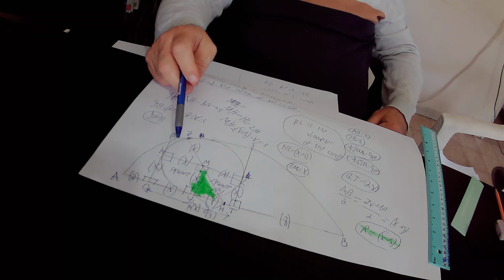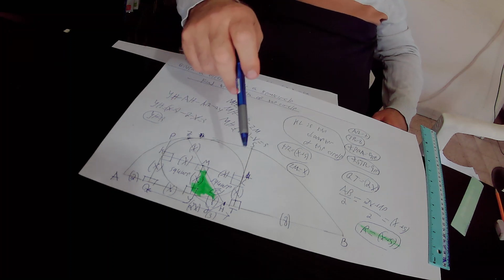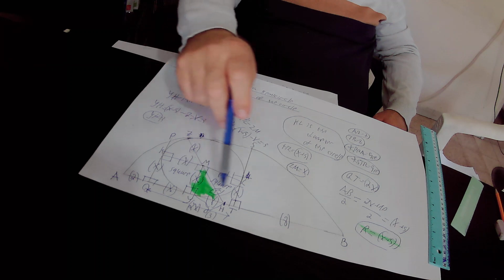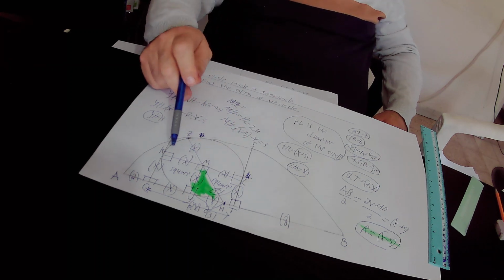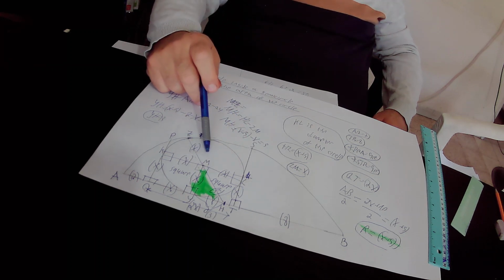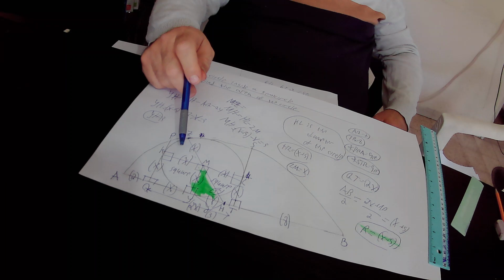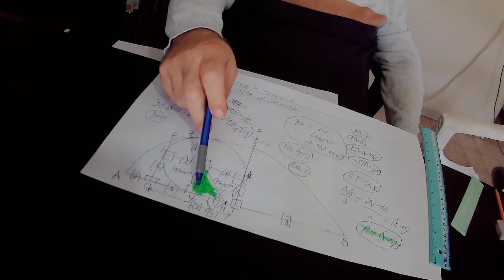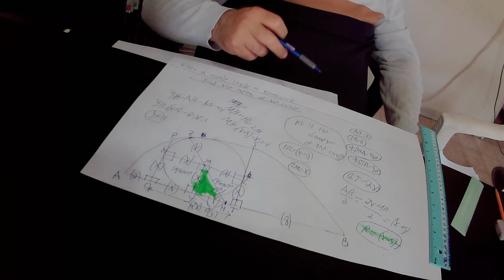But we also know that the opposite sides of a rectangle are equal to each other, so in rectangle KLTQ, side KL must be equal to the opposite side QT. But KL equals x plus x, this is 2x, the diameter of the circle, therefore QT must also be equal to 2x.